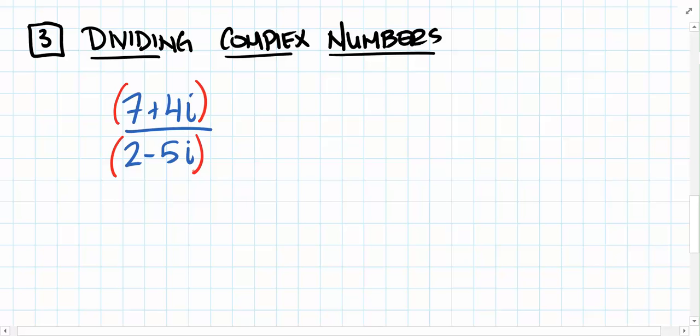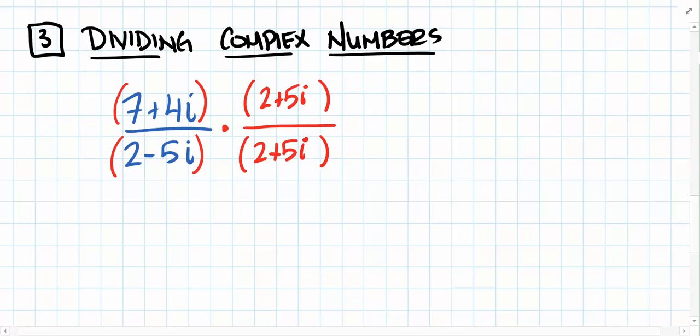And we're dividing those 2 complex numbers. The strategy is as follows. We're going to multiply by a fancy 1, and the fancy 1 is going to be the conjugate of the denominator. So that's going to be 2 plus 5i over 2 plus 5i. And remember, we're not breaking any rules because this is just a fancy looking 1. So we're good to go.